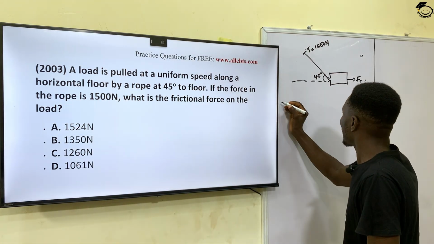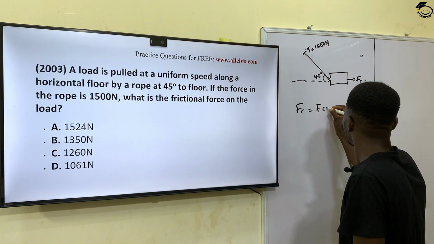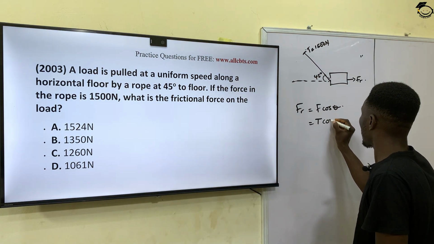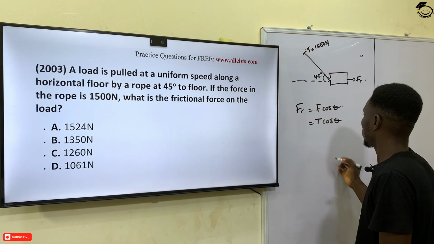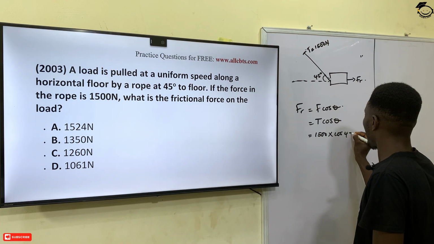We know that our frictional force is equal to F cos theta. This is the same thing as saying that I have tension cos theta because the force here is the tension. So this will give me 1,500 times cos 45.